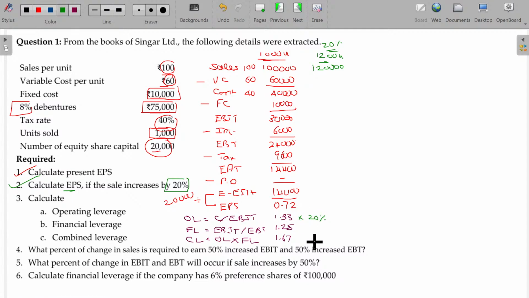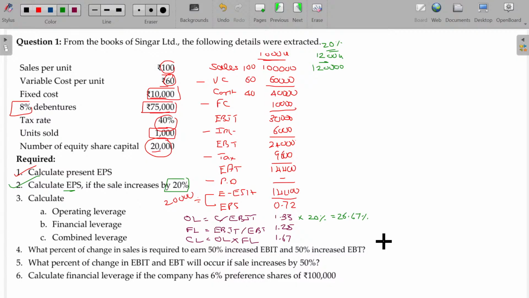Multiply these two. 26.66 percentage. Come on, find out the new EBIT. 30,000 into 26.67 percentage. If there is a sales change by 20 percentage, EBIT will change by 26.67 percent.